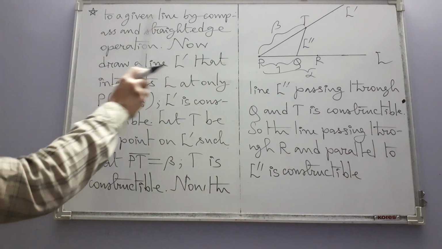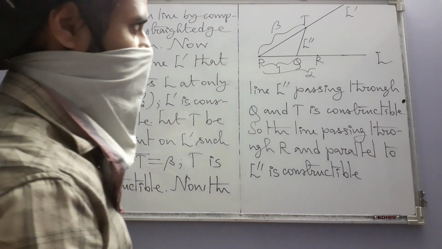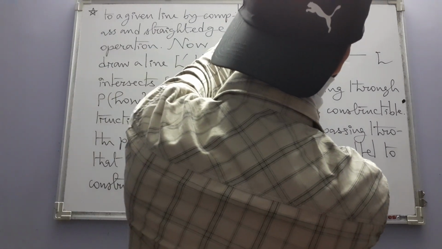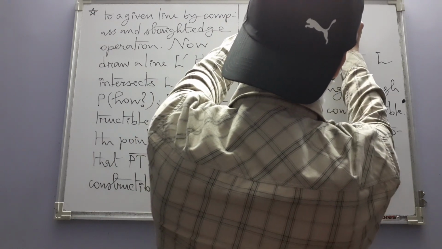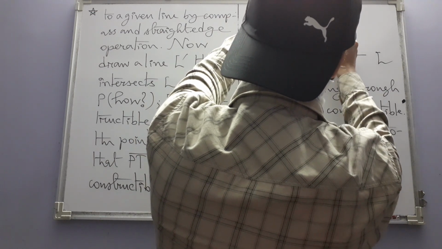That means we are using that fact here, that through a given point and parallel to a given line, we can draw another line.